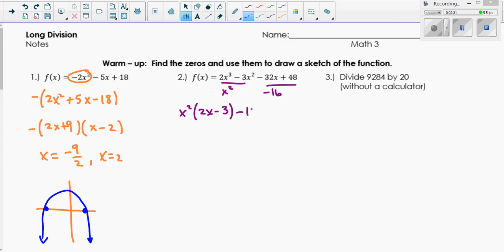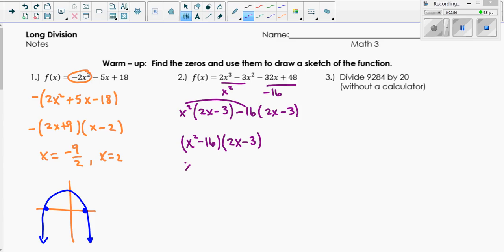Take out a negative 16. I'm left with a 2x minus 3. They're identical, so that means I can group those together. So I have x squared minus 16 times 2x minus 3.